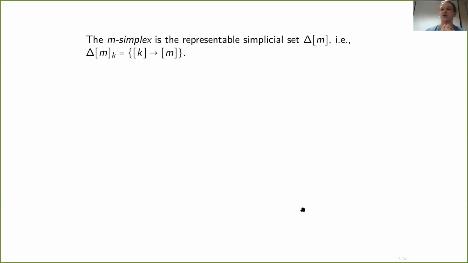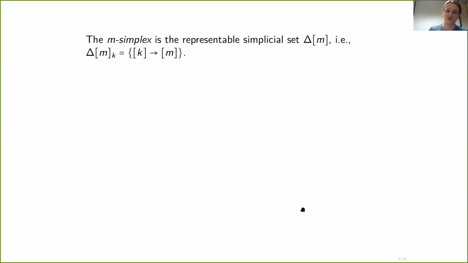So some notation: delta M is going to be the representable simplicial set, which means that the k-simplices of delta M are simply all simplicial operators from K to M. So you can imagine that this is really the simplex delta M, where this simplex is exhibited by the element representing this simplicial set, i.e. the identity of M, and various other faces correspond to the faces of this M-dimensional simplex.